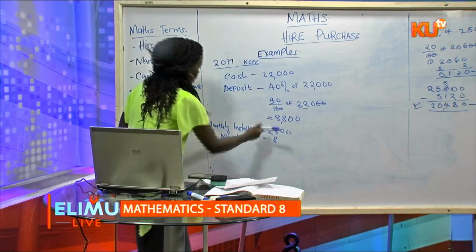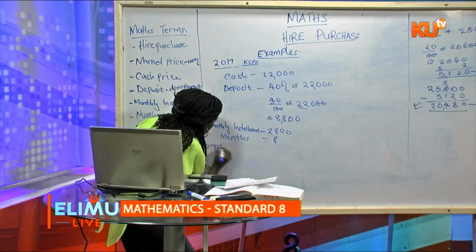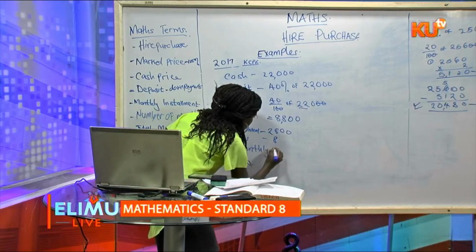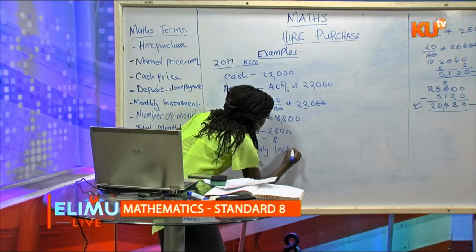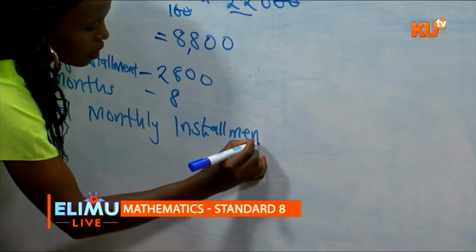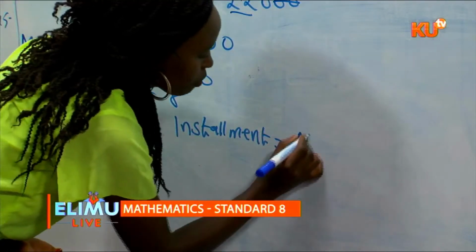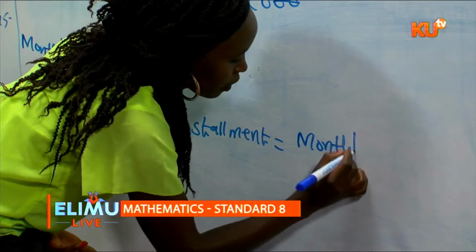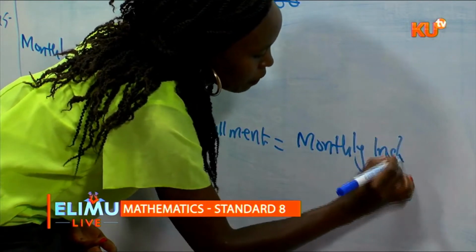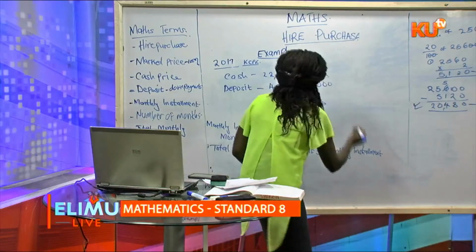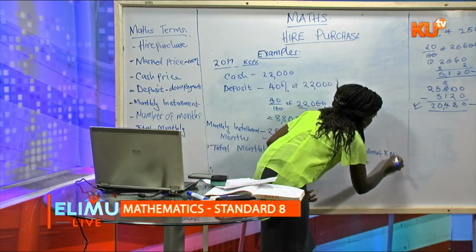Very good. Now here we get the total monthly installment. The total monthly installment, we take the monthly installment times the number of months.